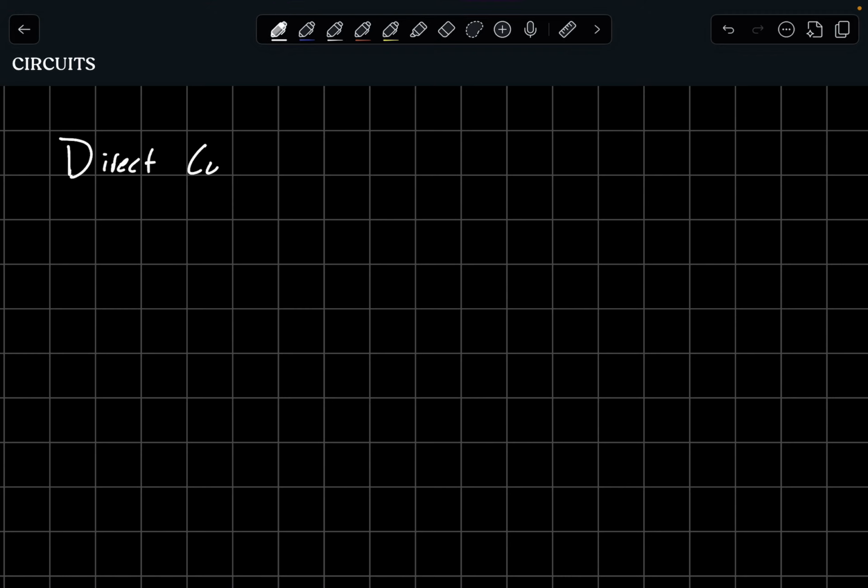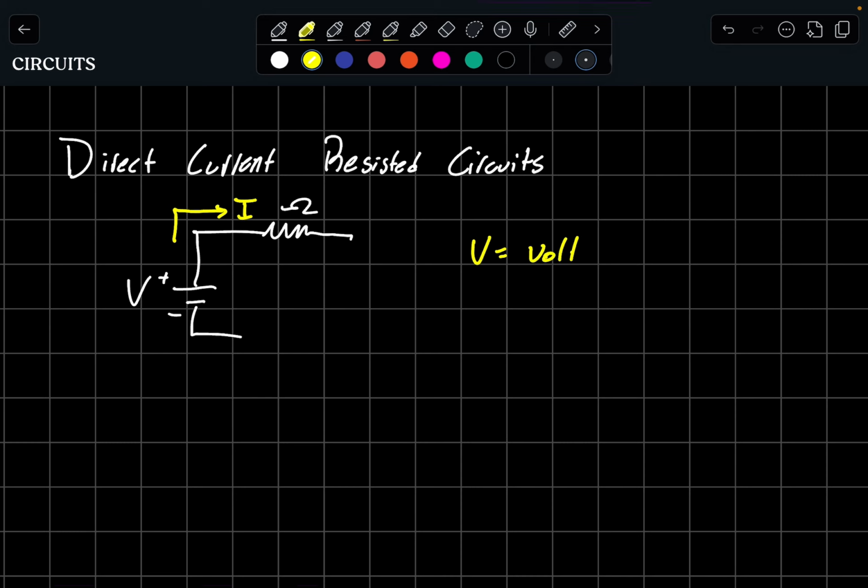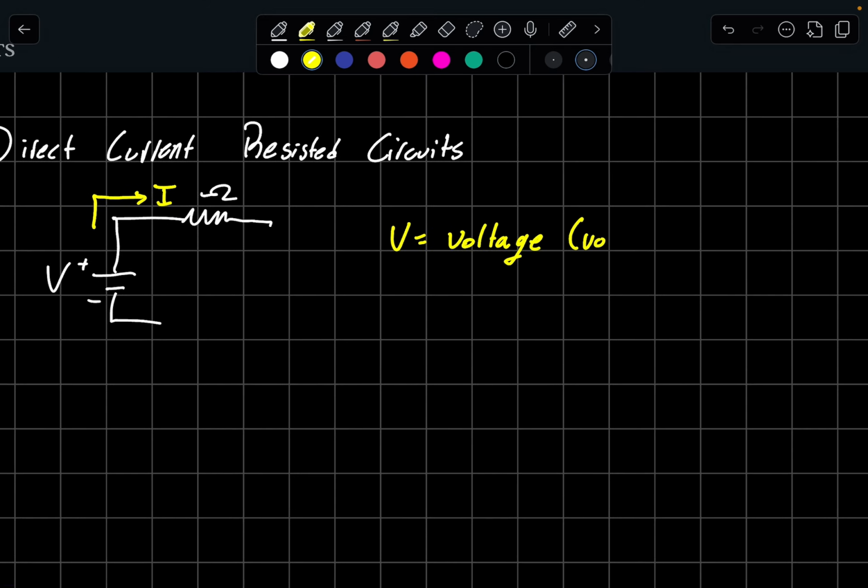You have resistance, which is this squiggly thing, and it's measured in ohms. The voltage is measured in volts. And the other thing we're going to talk about is current, the flow of electrons through the circuit. So you've got V for voltage, measured in volts.